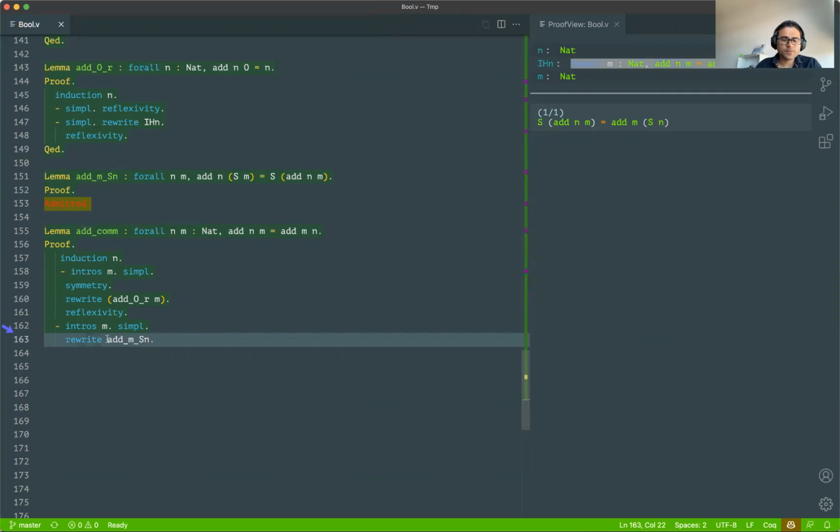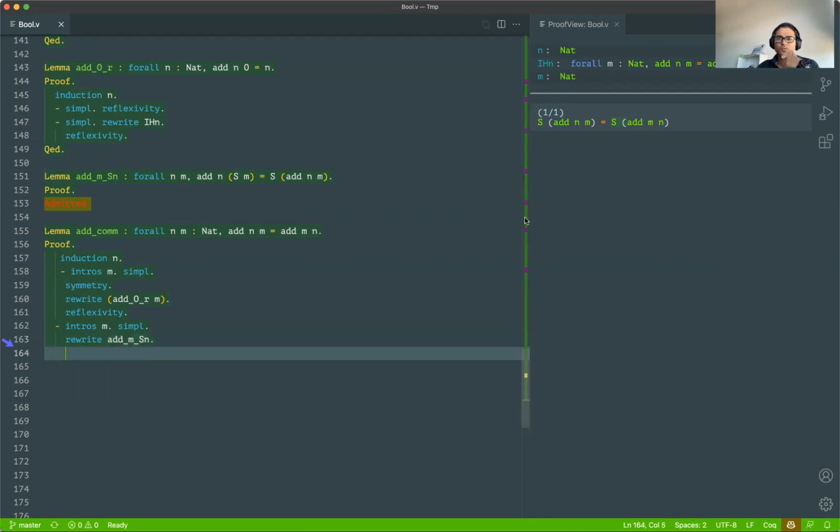Coq is going to look for the left-hand side of this equation in the goal, and then replace it by the right-hand side of the equation. So there we go. And now if you see our induction hypothesis, it says that for all m, add n m is equal to add m n. So I can replace this by this.